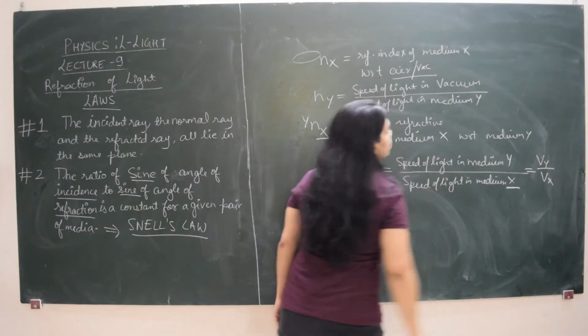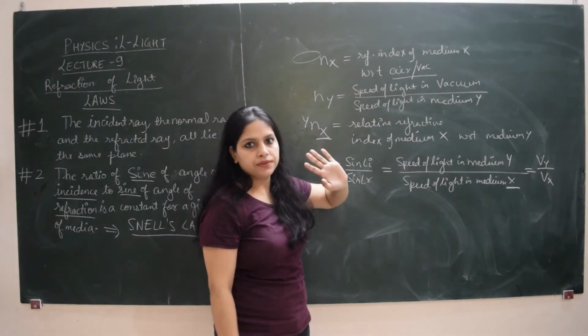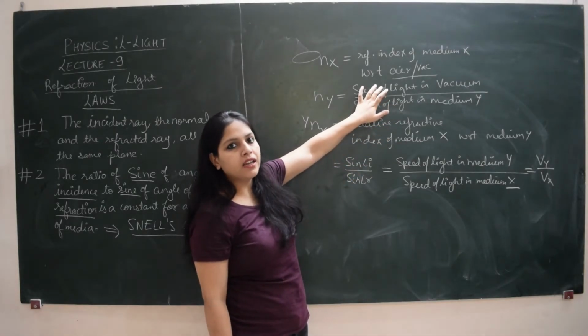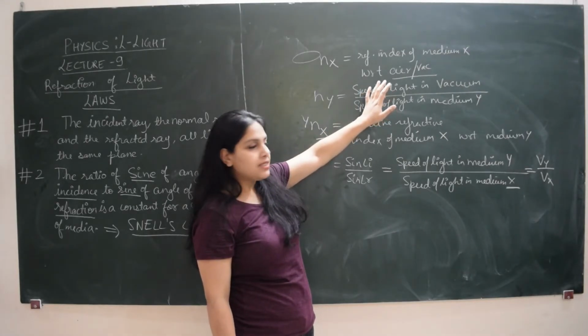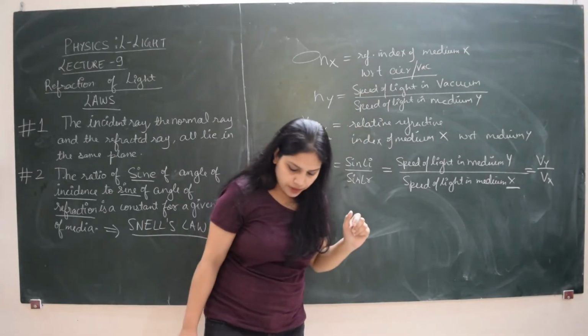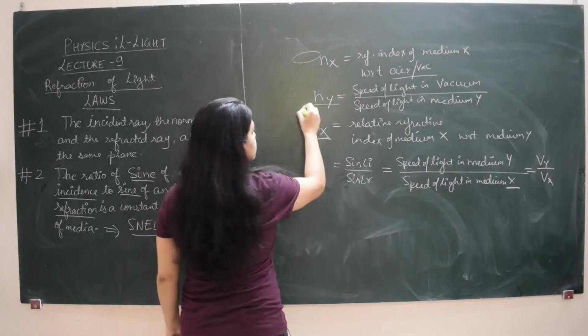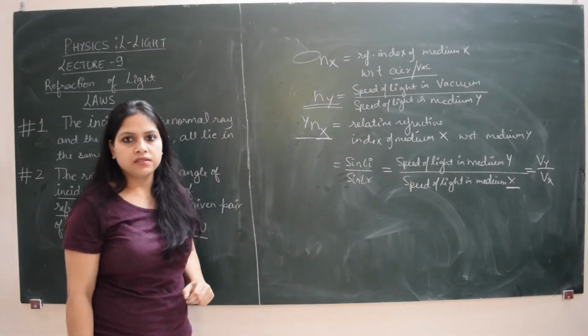Remember, the medium for which we are finding out the refractive index is always placed in the denominator. Okay, the only difference is here the top speed we are taking, in the numerator the speed is taken to be of light in vacuum. Okay, so this is known as absolute refractive index, and this one is known as relative refractive index.